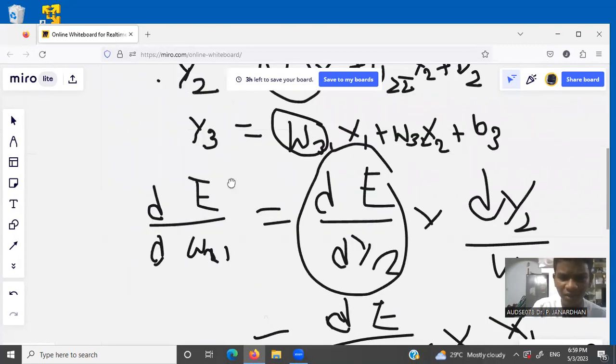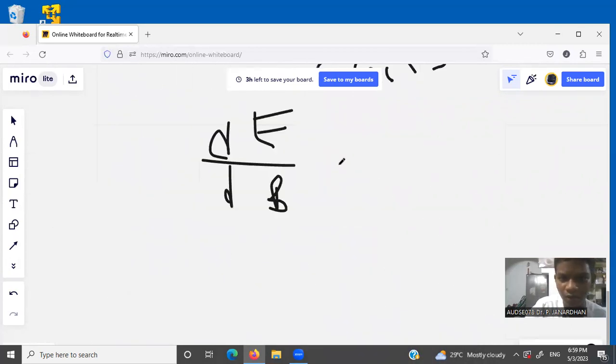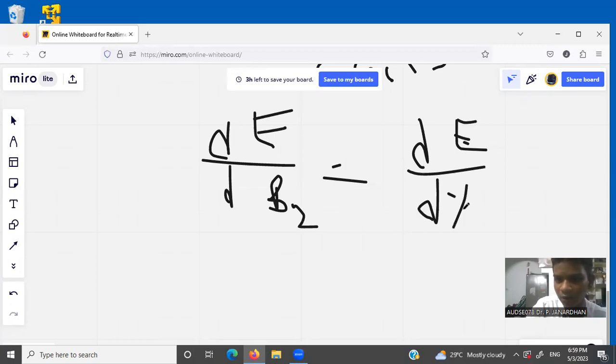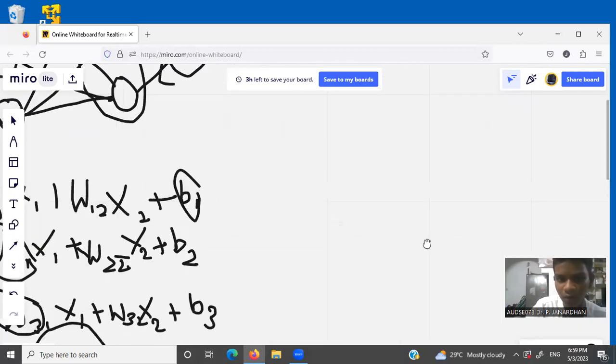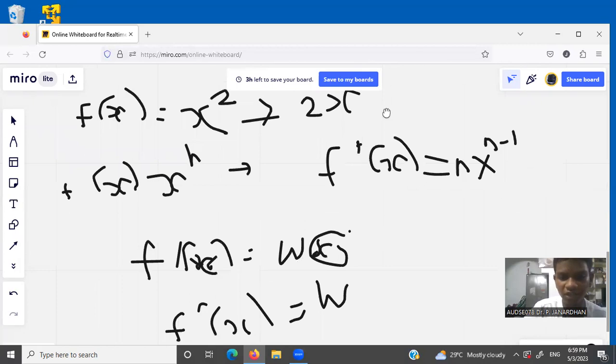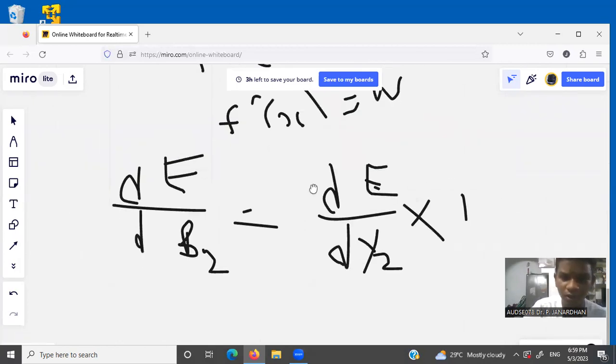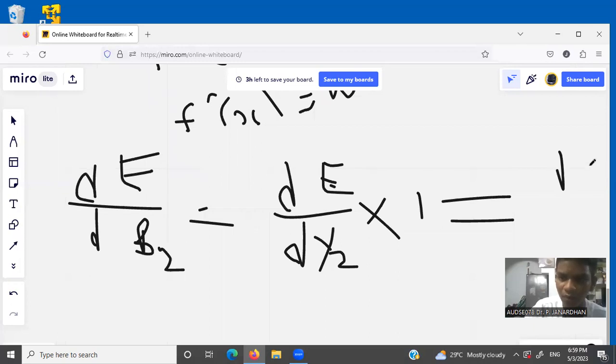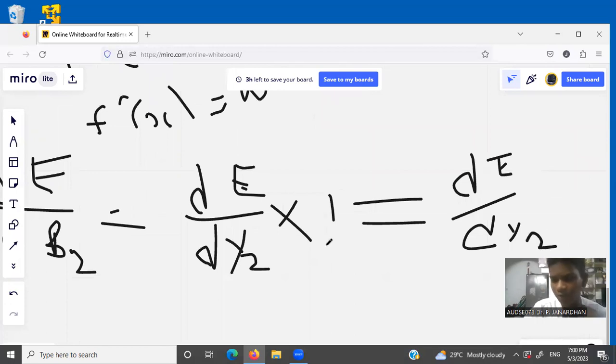Let's say we calculate for b2, then it is going to be de by dy2 times 1. Why do we put 1 here? Because there is no coefficient for b; we just add bias separately. As we don't have any coefficients, we just multiply by 1. So it is just the derivative of e by the derivative of y2. This is pretty straightforward.